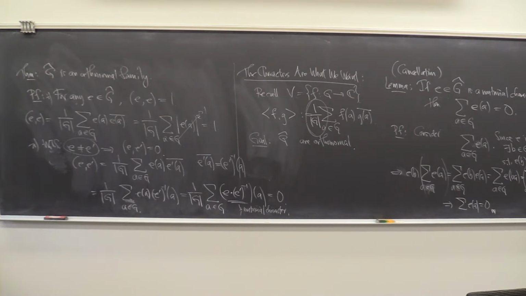Okay. So what we have right now is that we're trying to get an orthonormal basis for the vector space V, and what we're seeing is that if we have a sufficient number of characters, then we're done. These guys are orthonormal.